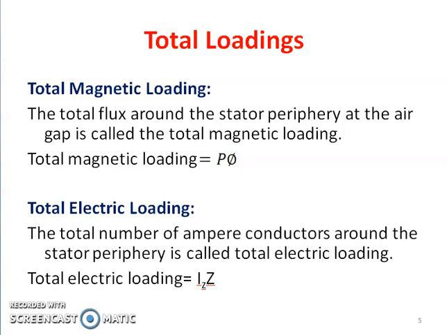Total electric loading is the total number of ampere conductors around the stator periphery, and this electric loading is expressed as product of Iz into Z.